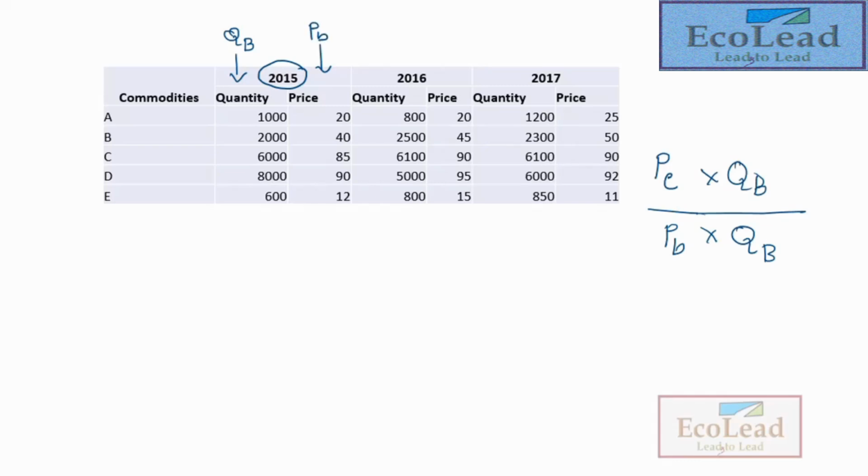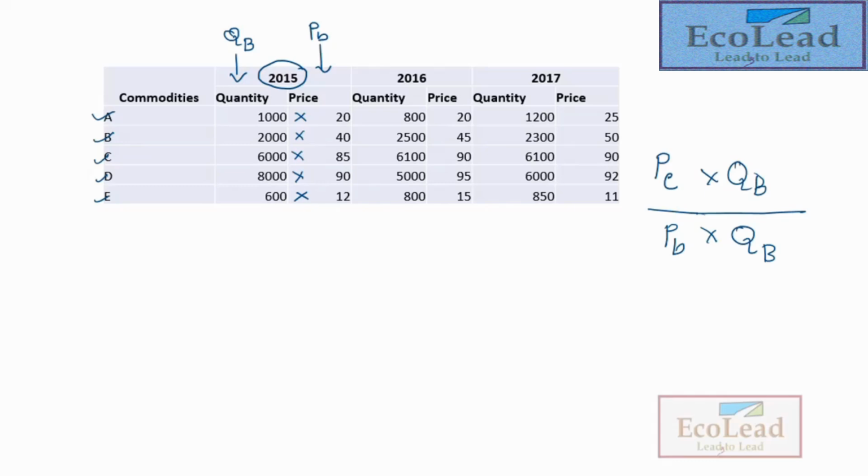Now if we multiply these two for the commodity A, we will get the total value of commodity A for 2015. Similarly, if we continuously multiply the quantities with the price for all the commodities, commodity B, commodity C, commodity D and commodity E, we will get the total value of the commodities.